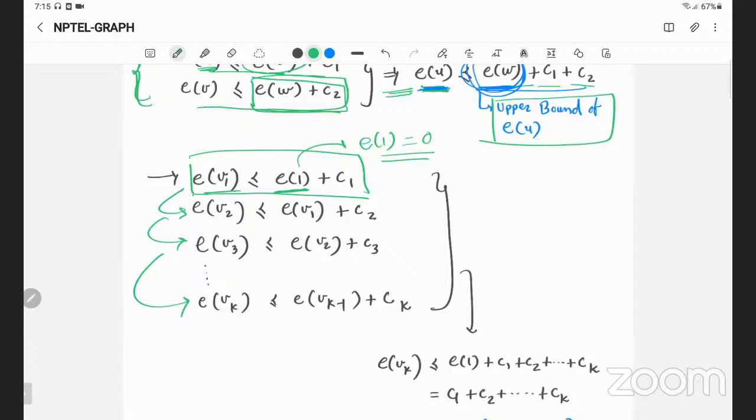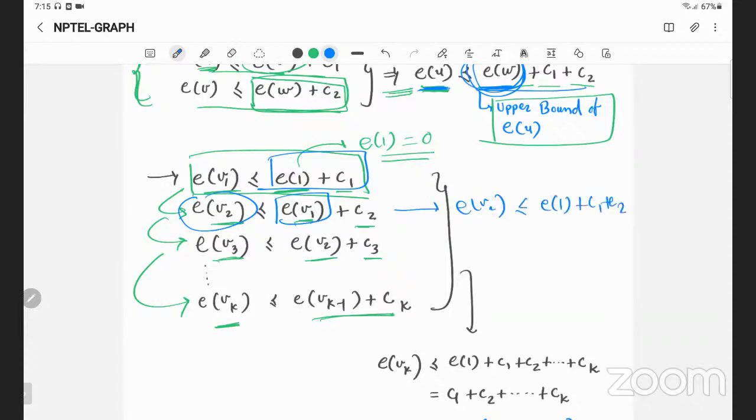So we are given EV1 is less than or equal to E1 plus C1. EV2 is less than or equal to EV1 plus C2. And similarly, EV3 is less than or equal to EV2 plus C3. And there are k such inequalities. EVK is less than or equal to EVK minus 1 plus CK. So if you put this upper bound of EV1 here, it will become EV2 is less than or equal to E1 plus C1 plus C2, right?